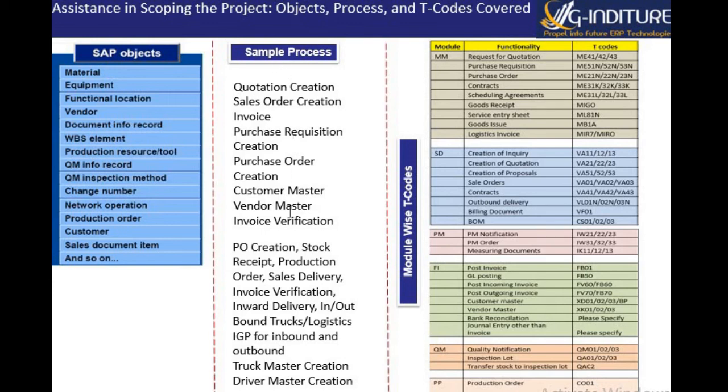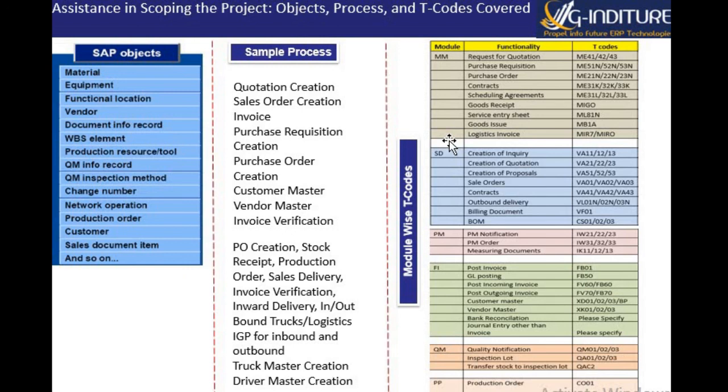The middle section shows certain standard processes and standard objects through which SAP documents can be assigned. The third section shows module-wise the standard T-codes during which these objects can be accessed and then connected to DMS to find the documents which are assigned to these objects.